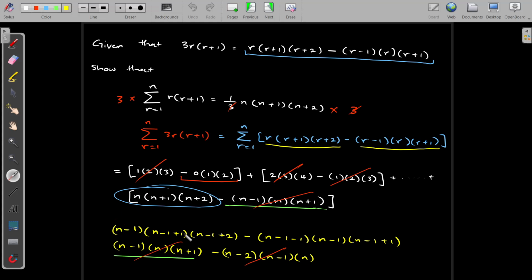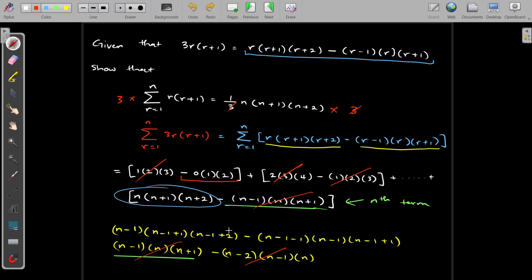Yes, sir. So this is where we were using the n minus 1 term, because this part here is the nth term. So in order for us to prove that, because remember we said that something from the first bracket is going to remain, something from the last bracket is going to remain as well.